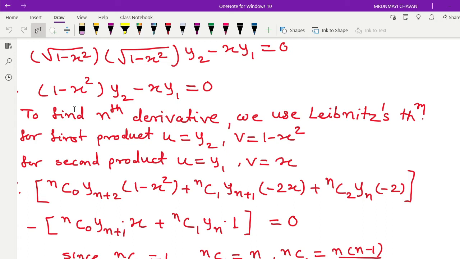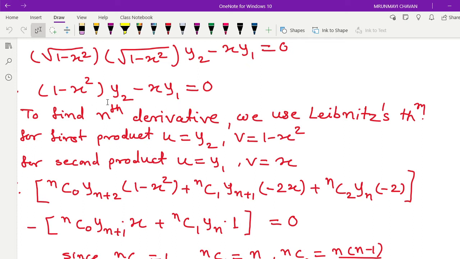Thus, here for this product (1 minus x square) into y2, we take u is equal to y2 and v is equal to 1 minus x square. And for this product x into y1, we take u is equal to y1 and v is equal to x.